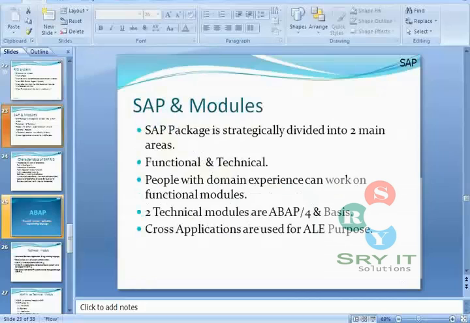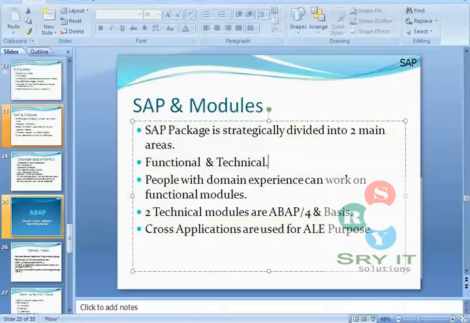The second point which I'm talking about, we already know. I'm just refreshing this. The SAP package is mainly divided into two, technical and functional, but techno-functional is also required in the market now.